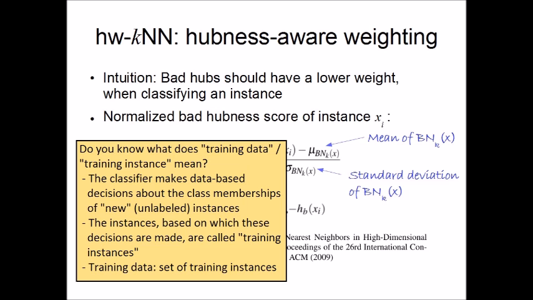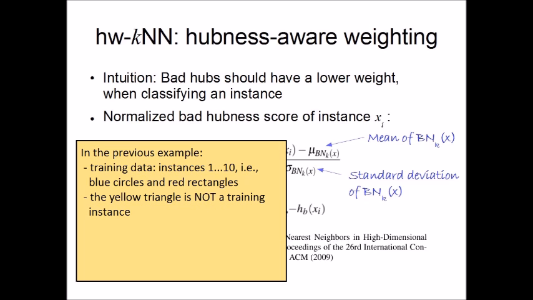Because for new instances, those about which we don't know to which class they belong, we cannot calculate if they appear as good or bad nearest neighbors of other instances. So we can only calculate for the labeled training instances how frequently they appear as bad nearest neighbors of other training instances.